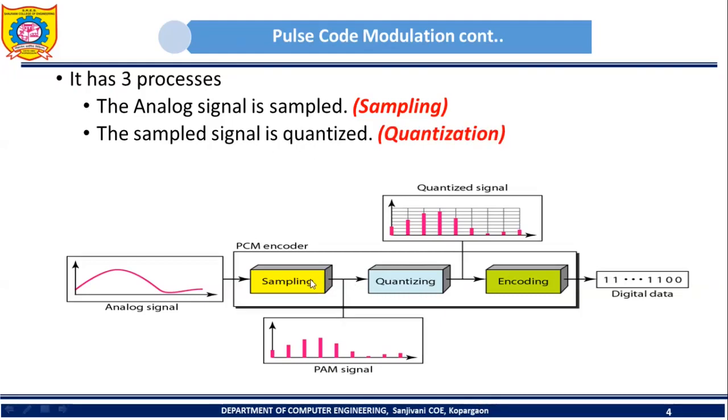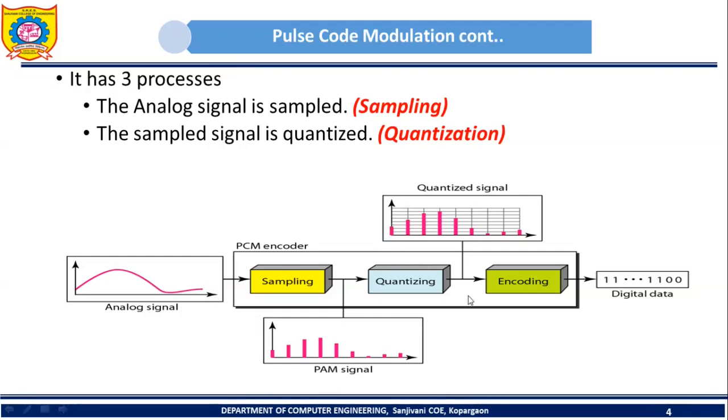See this block diagram. What is the input to the sampling process? It is an analog signal. This analog signal will be sampled, and after that, the output of the sampling process will be a sampled signal. That sampled signal is given as input to the next process, that is quantization. In this process, the sampled signal is quantized.